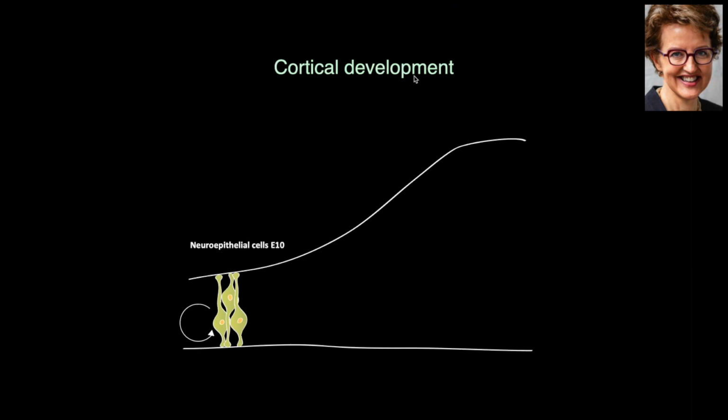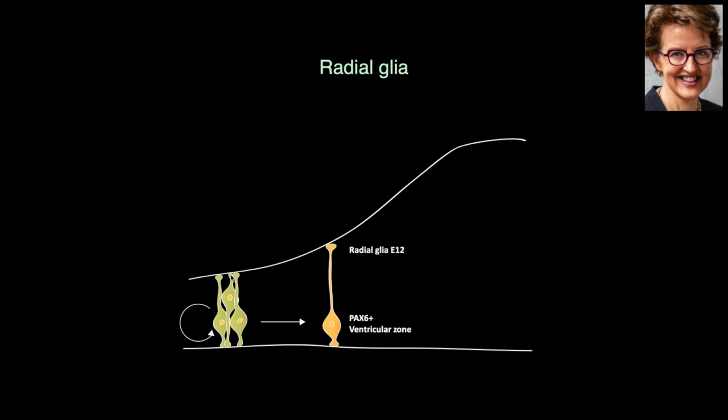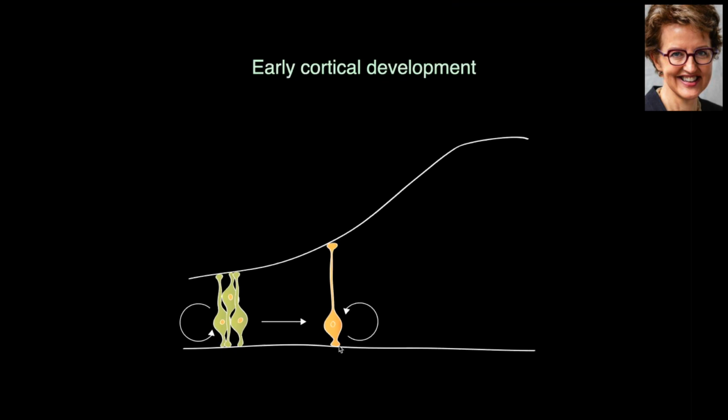In early cortical development, the brain is lined along the ventricles with neuroepithelial cells, which then form radial glia that are anchored both at the pial surface and the ventricular surface. And these radial glia continue to undergo proliferation, and they expand laterally the surface of both the ventricle and the brain itself as they proliferate.